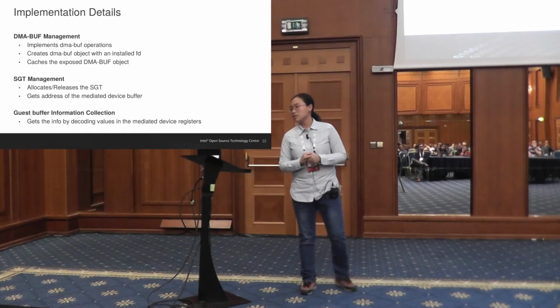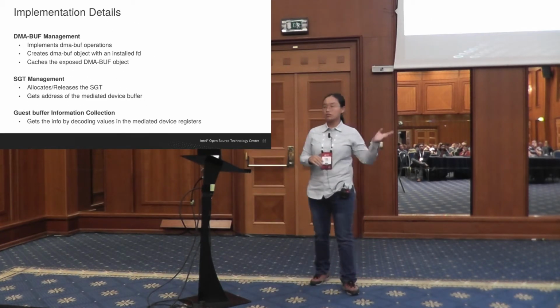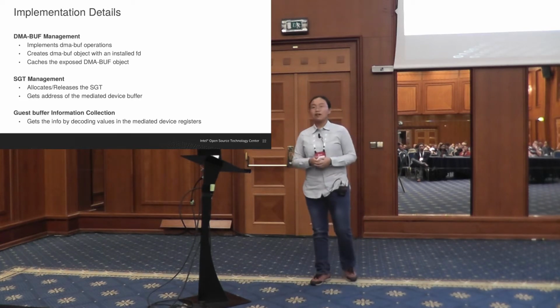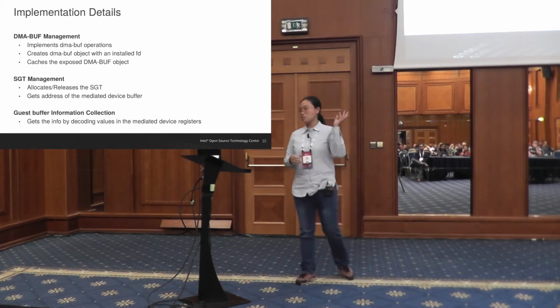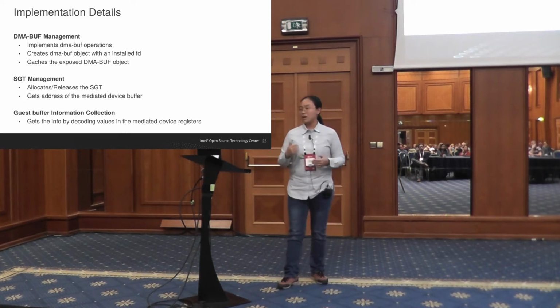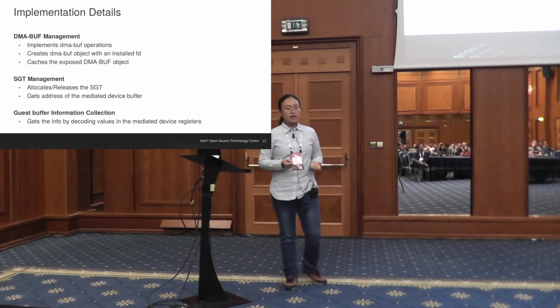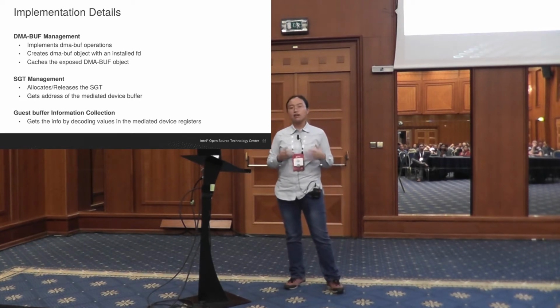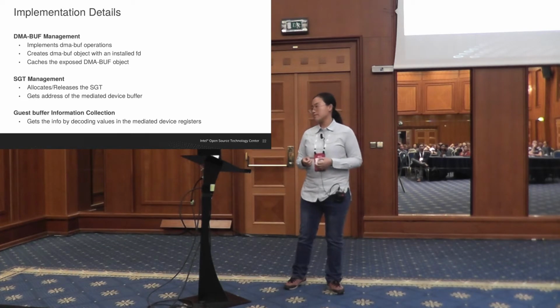Here are some implementation details. We don't want to list all of them because many of them are related to the DMABuf support. Just three items here. So the first one is the DMABuf management. As a buffer exporter, we need to implement all the DMABuf operations.